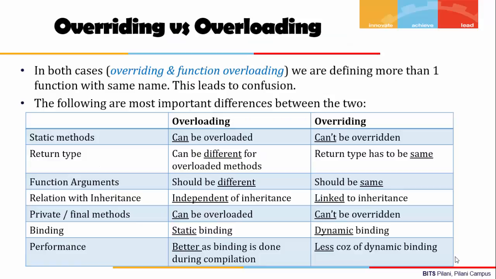We have studied overloading now, and in the previous lecture we studied overriding. In both cases, we are defining more than one function with the same name. So we should see now the most important differences between overriding and overloading. For people who have forgotten about overriding, just a brief review. Overriding occurs in inheritance when the derived class has a different implementation for a function present in the base class.